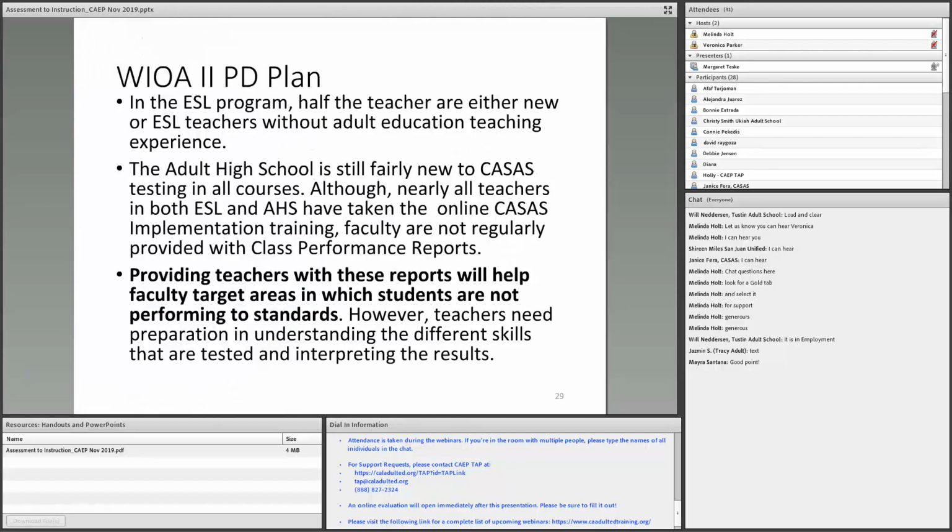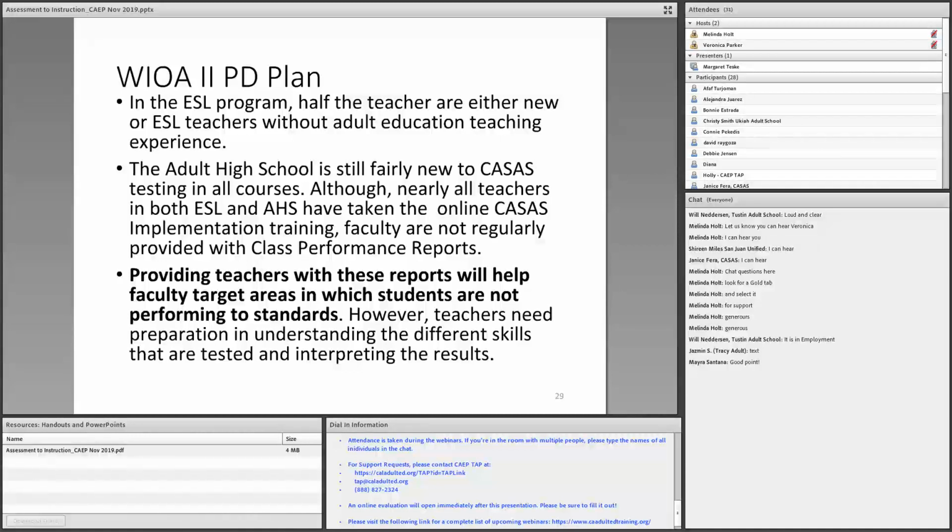So their PD plan had more depth. They were talking about the ESL program. Half the teachers were either new or didn't really have a lot of adult ed teaching experience, so they needed a little bit more orientation.